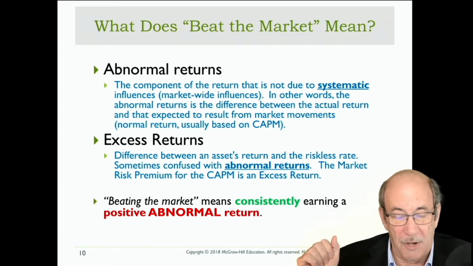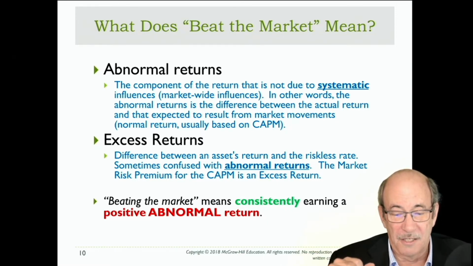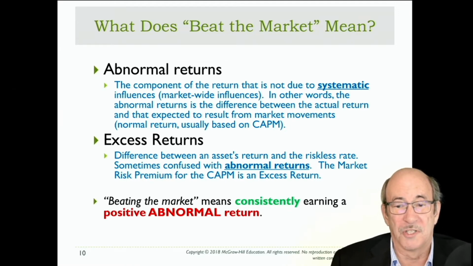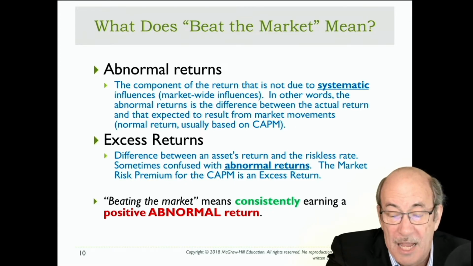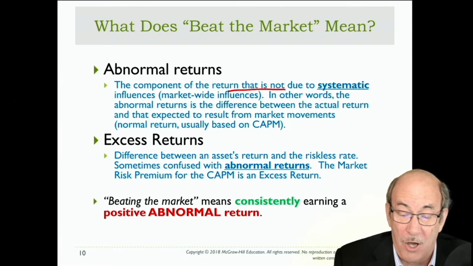Before we get there, I want to clarify there are a couple of terms here that I want to make sure that we have a common understanding and definition for. These get mixed up a little bit. Abnormal returns versus excess returns. An abnormal return is the component of the return that is not due to systematic influences.